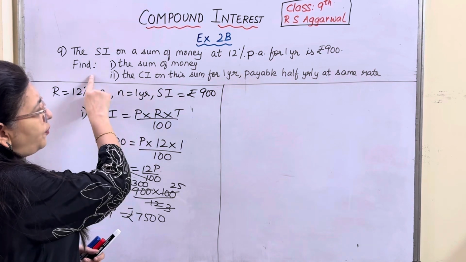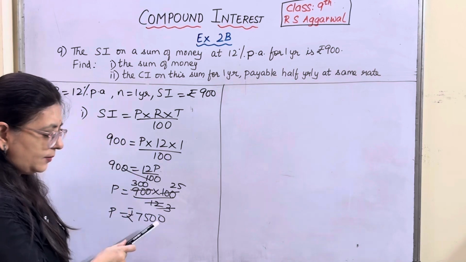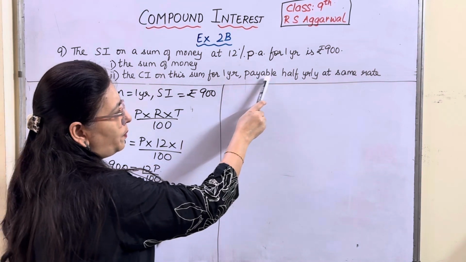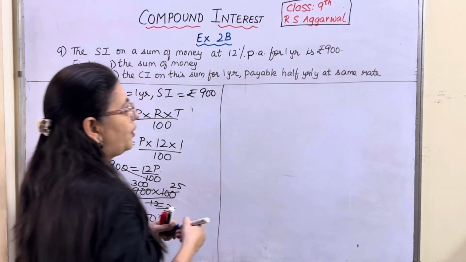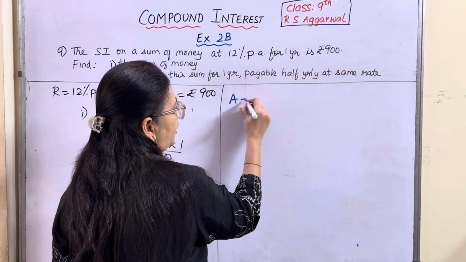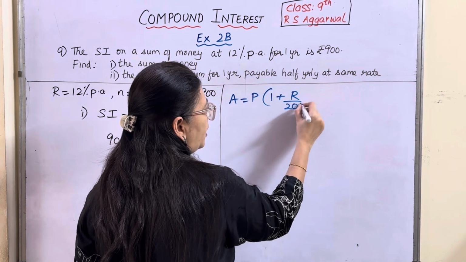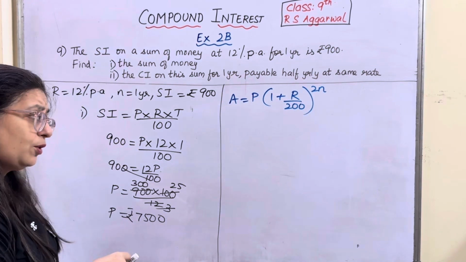That you have to find the compound interest on this sum. Which sum? This sum 7,500 for 1 year, which is payable half yearly at the same date. Now what is the formula to find for half yearly? Half yearly is P into 1 plus R upon 200 raised to 2n. Right? Come on, let's find using this formula.